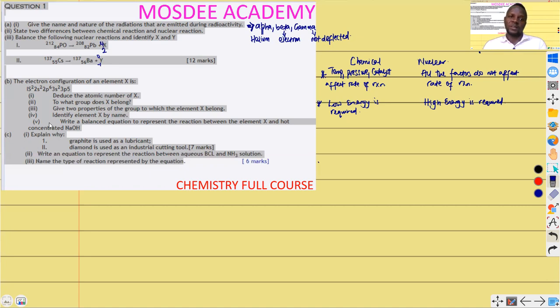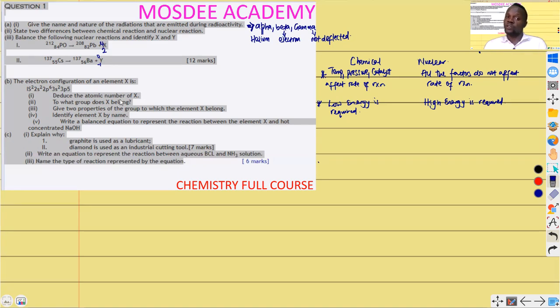So that is that, and that is your 12 marks. Like I said, chemistry is not difficult with constant practice. So let's check out the B part of the question. About the B, we have the electron configuration of an element X: 1s2, 2s2, 2p6, 3s2, and 3p5.